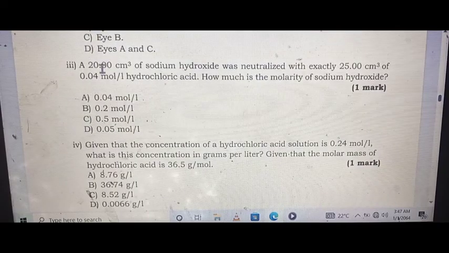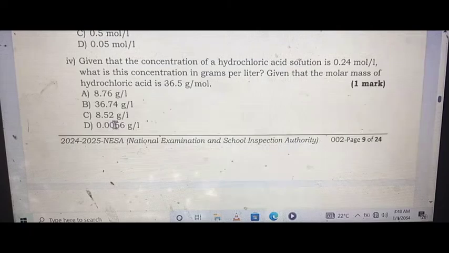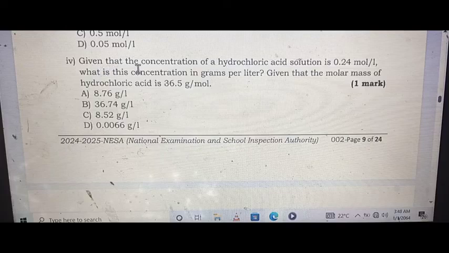3. A 20 cubic centimeter sample of sodium hydroxide was neutralized with exactly 25 cubic centimeters of 0.04 mole per liter hydrochloric acid. What is the molarity of sodium hydroxide? The correct answer is letter B, 0.2 mole per liter. 4.